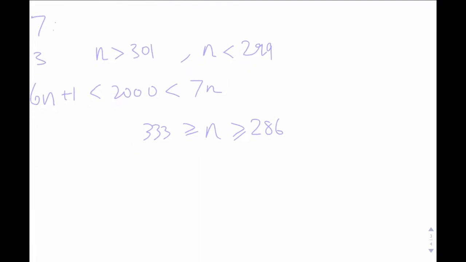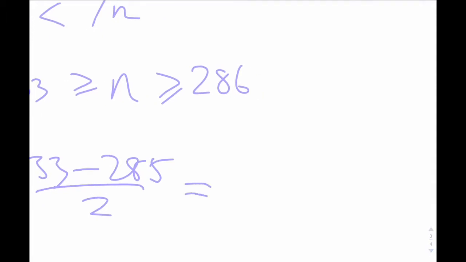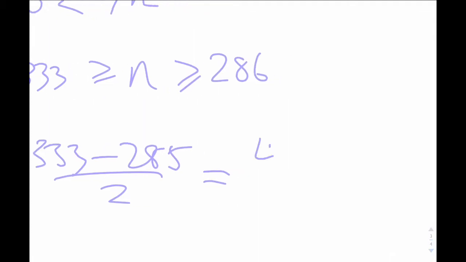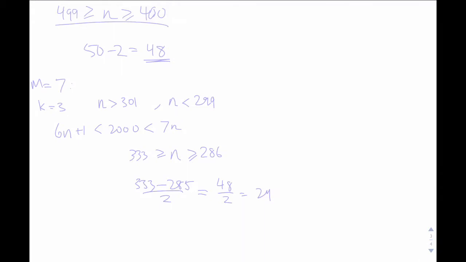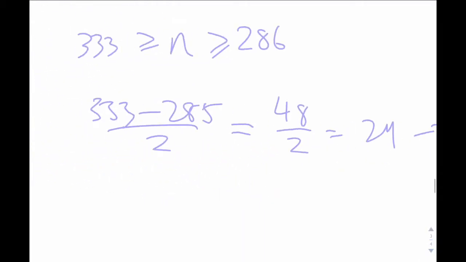So what we want is 333 minus 285 over 2 equals 15 plus 33, which is going to be 48 over 2 is 24. And we're subtracting these two numbers once again, so we subtract 2, we get 22.